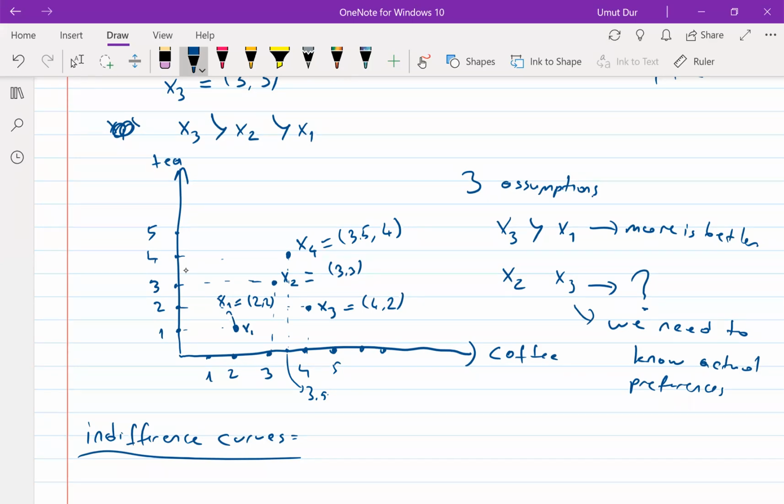Can we have such a bundle? Why cannot we have such a bundle? Excellent, so you are right that we cannot have 3.5 cups of coffee. You cannot go to Starbucks and give your cup and say that you want half of it.